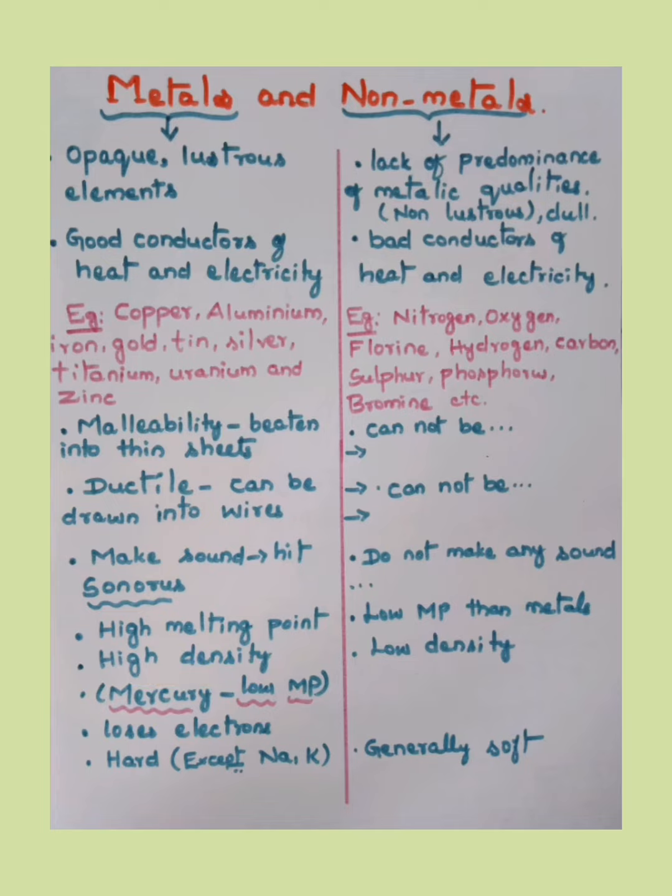Metals lose electrons and become positive, and on gaining electrons, non-metals become negative. Metals are very hard except sodium and potassium, and non-metals are generally soft in nature. So most of the points, the differences between metals and non-metals, have been covered here.